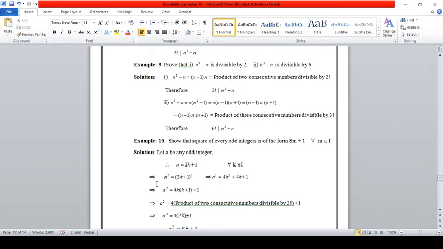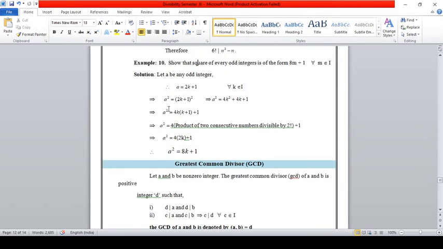Here we need the square, so squaring on both sides, we open this bracket: a square is 4k square plus 4k plus 1. 4k is common, so a square is equal to 4k into k plus 1, plus 1. First this part, first consecutive number, second consecutive number, so this is 4 into the product of two consecutive numbers plus 1.